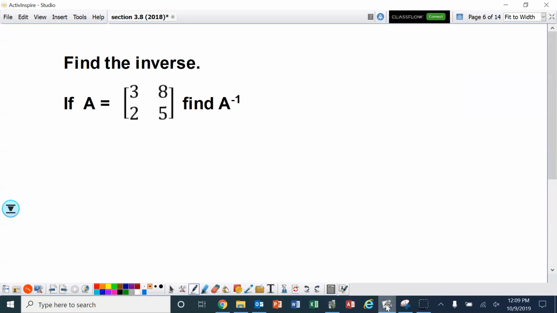All right, so what we're going to do now, ladies and gentlemen, is we are going to have the calculator figure out the A inverse. So we need to be on our home screen. Then we're going to go to the matrix.